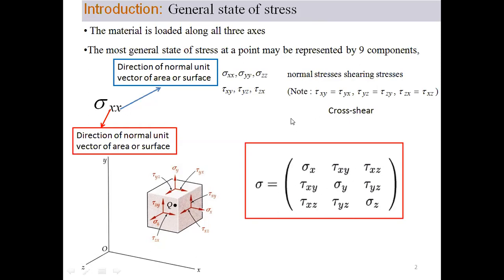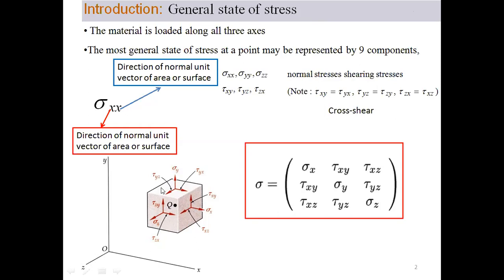We also discussed that the cross shear components are equal. Why are they equal? Because the point within the material, when it is loaded, the particles inside the material are not rotating. So they must be in equilibrium. And in order to satisfy that equilibrium, this tau xy, which is applying here, and on the other face it is here.